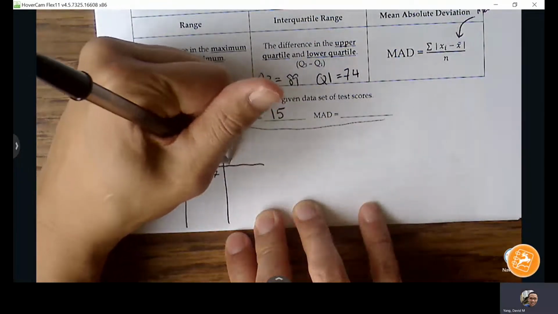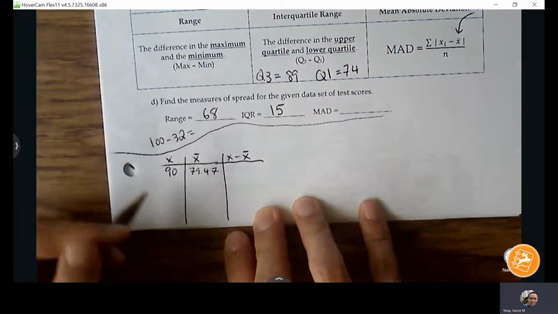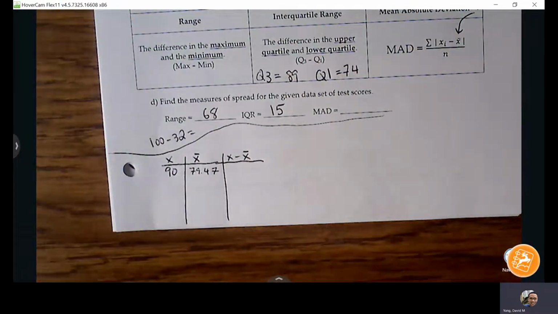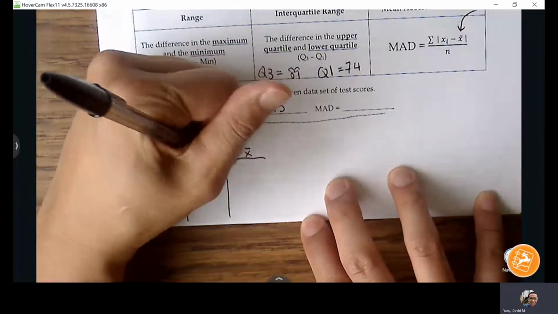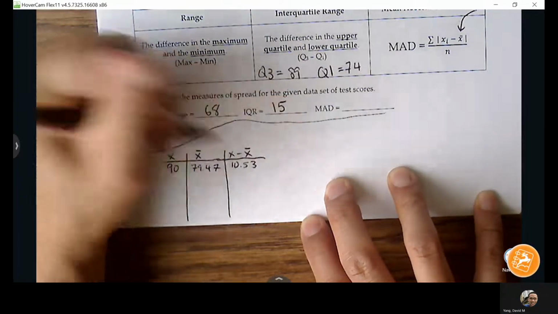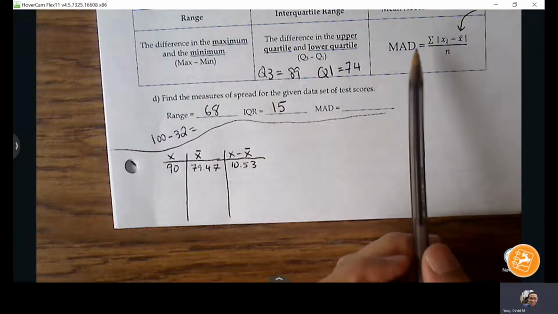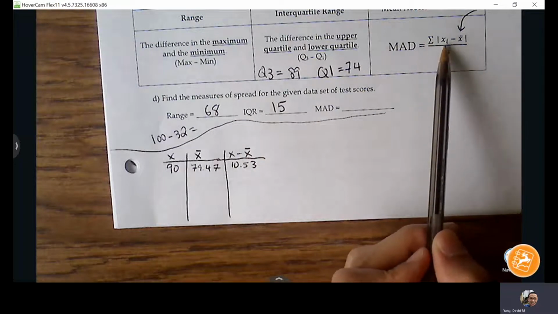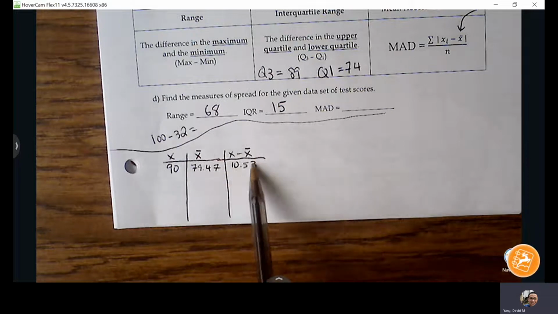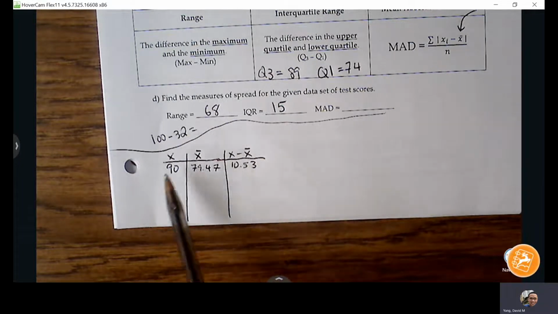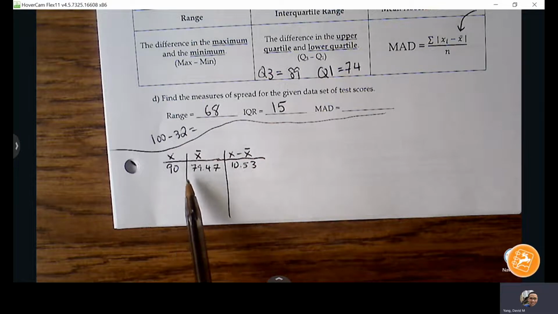And the difference, I'm just going to subtract and find that decimal value, which is 10.53. We're going to do that with every one of the 15 numbers. If we get a negative number, we'll just make it positive. So all we're doing is taking every number and subtracting it from 79.47.